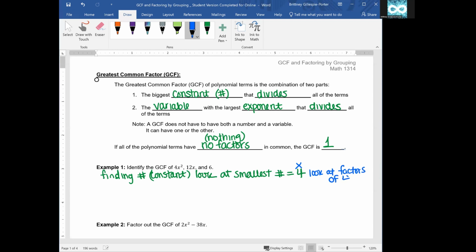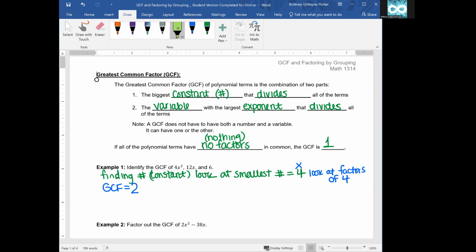So the next highest number that goes into 4 is 2. 4 is divisible by 2. 12 is divisible by 2. 6 is divisible by 2, which means that our GCF is going to include a 2.